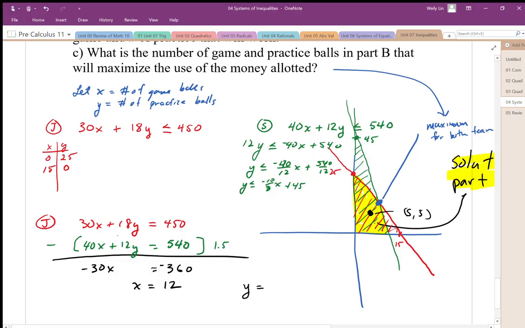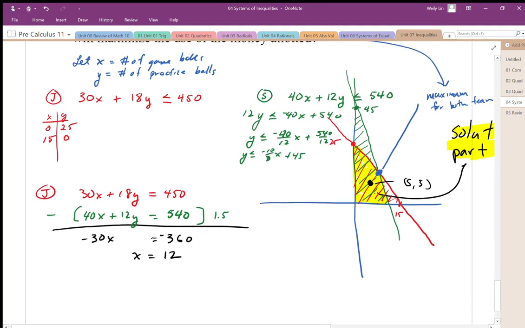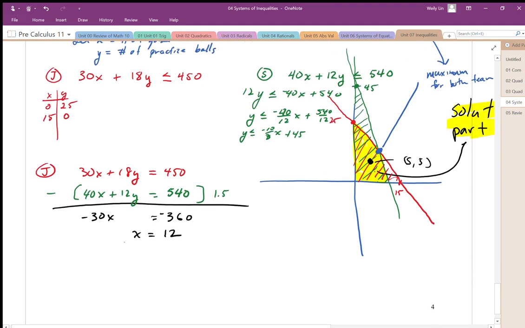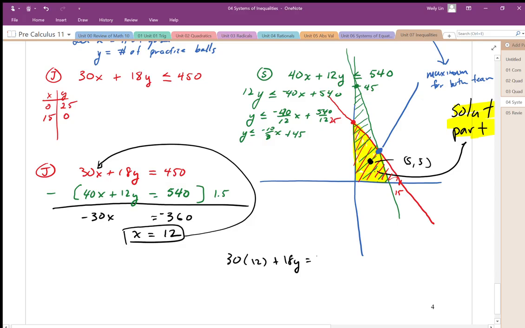So when I plug back in and solve for y, I'm going to have to actually work this out. There's my x. I'm going to substitute back in to solve for y. So I get 30 times 12 plus 18y equals $450. So 18y equals $90, so y equals 5.